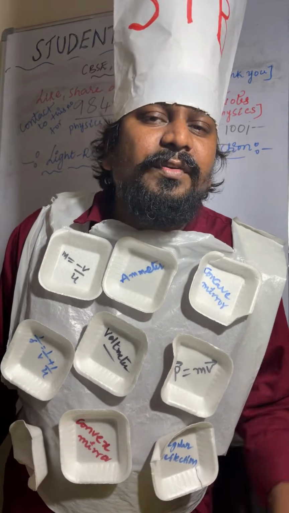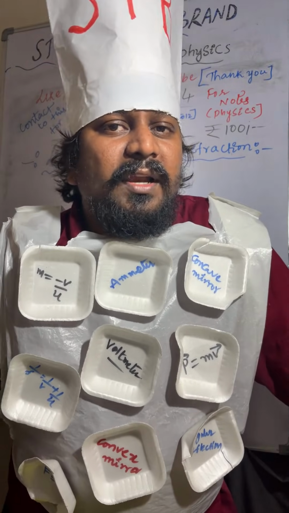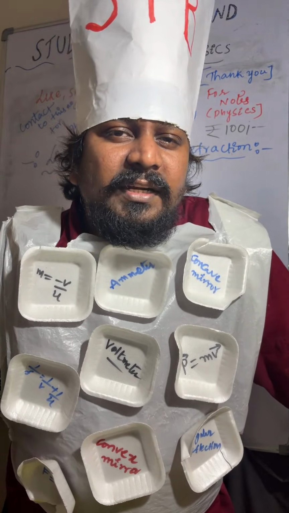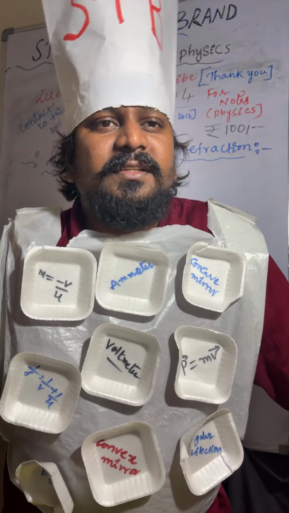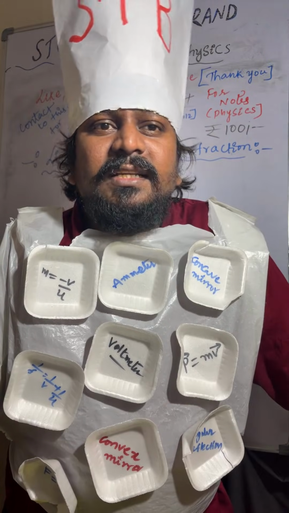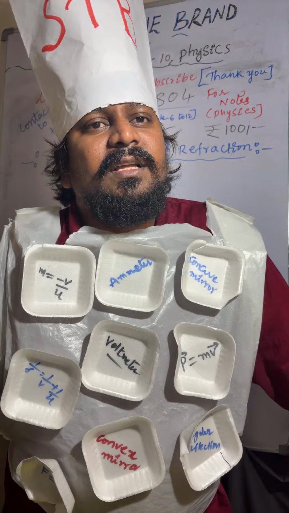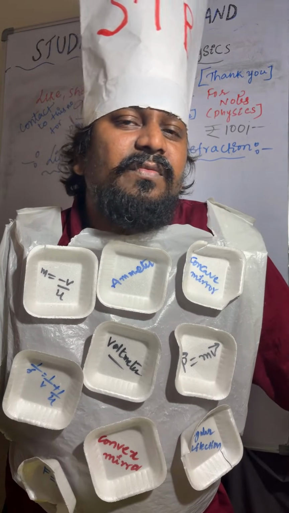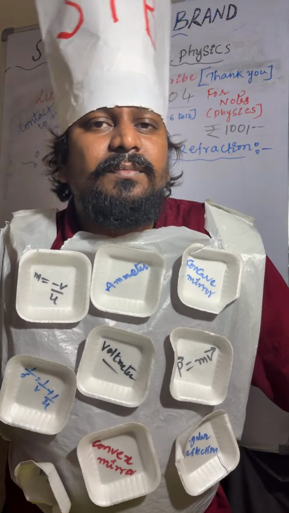Here I will explain a few points. The point of intersection of reflected light rays is known as a real image. The point of intersection of extended incident light rays is known as a virtual object.